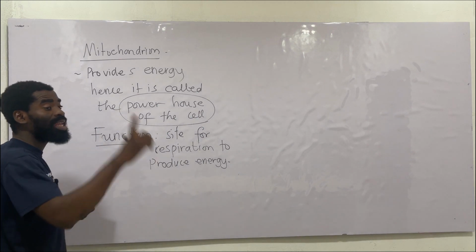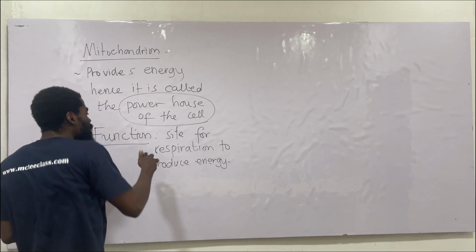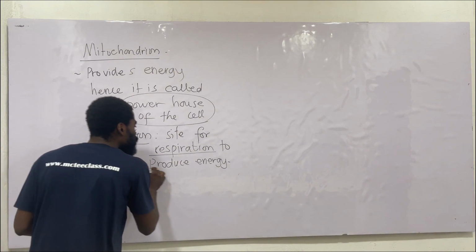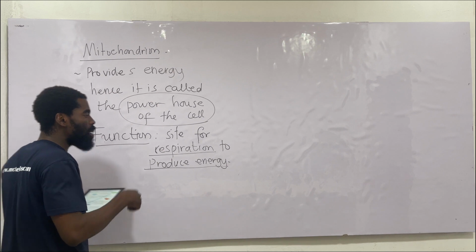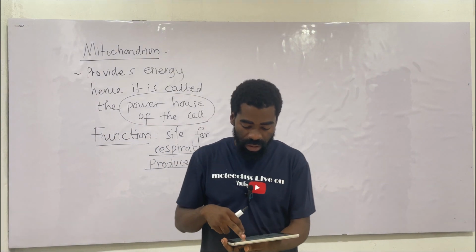That is where respiration occurs in the cell to produce the energy. And we are saying that the more the mitochondria, the more the energy. So that's about the mitochondria.